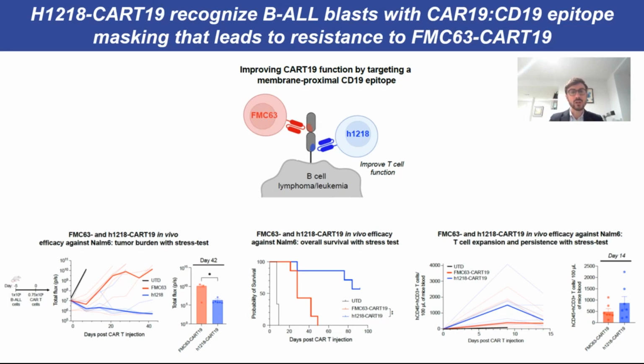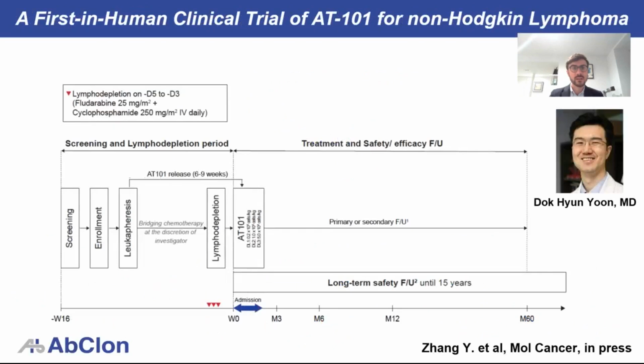So all of these concepts were then translated into a clinical trial that was run by the company Abclon in Korea, and was led by the principal investigator, Dok-Hyun Yoon. The trial is a phase 1 dose escalation trial that included a 3+3 design, and when patients were enrolled, they would receive a leukapheresis.